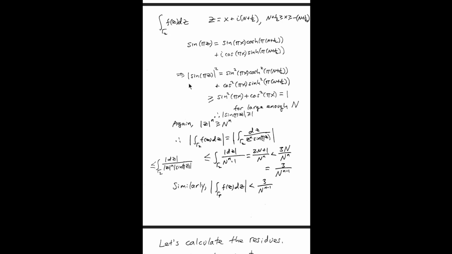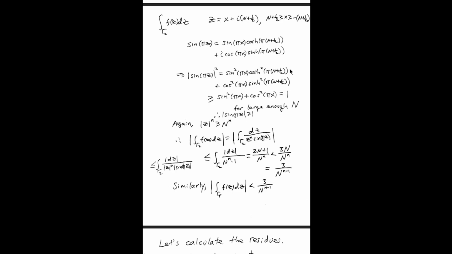Well, this implies the absolute value of sine of pi z squared, actually, maybe I should say the modulus of sine of pi z squared, equals, figuring the modulus of this thing, this will be sine squared of pi x times cosh squared of pi times n plus 1/2 plus cosine squared of pi x times sinh squared of pi times n plus 1/2.